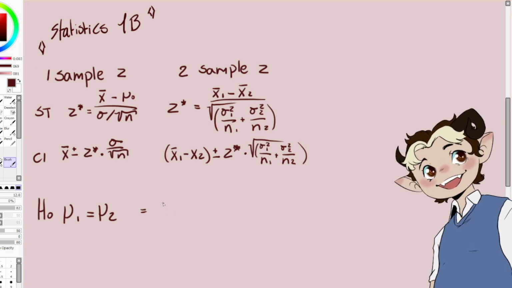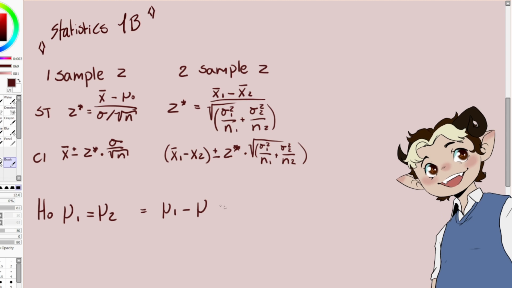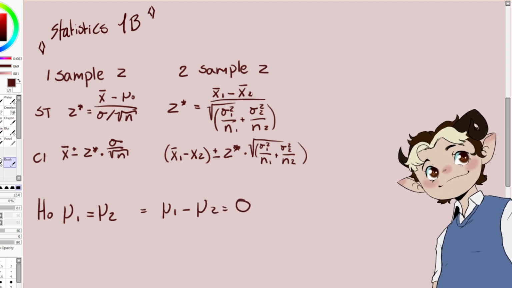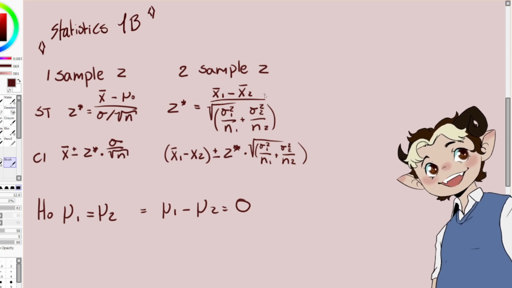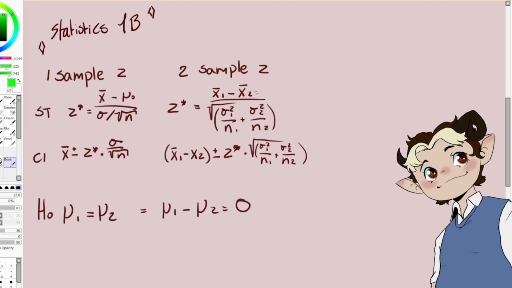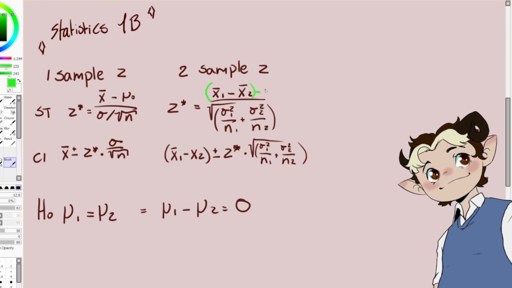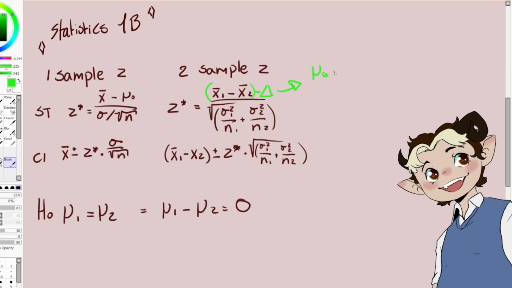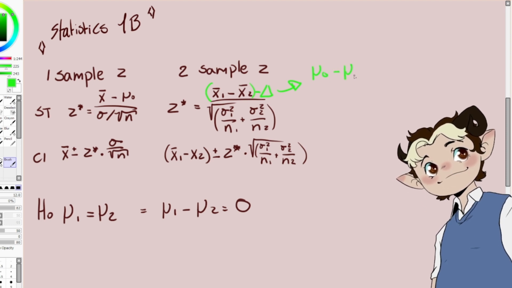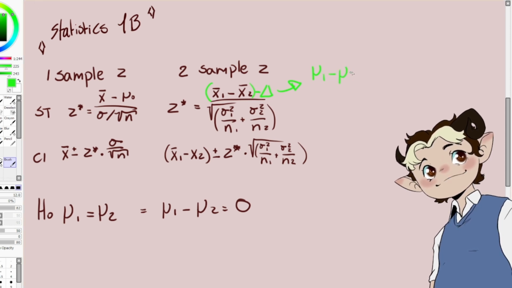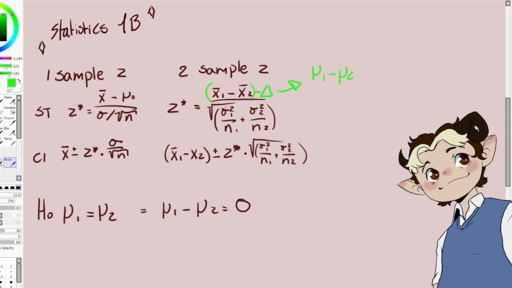Because if you were to do mu1 minus mu2, it would be 0. Well, something minus 0 is nothing, so we ignore it. Technically, the full formula would be this minus delta. And delta is mu0 minus the two mu's, so 1 and 2. But because it's 0, we just completely leave it out.